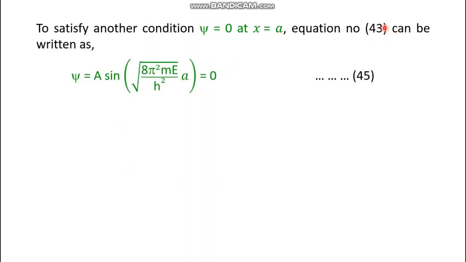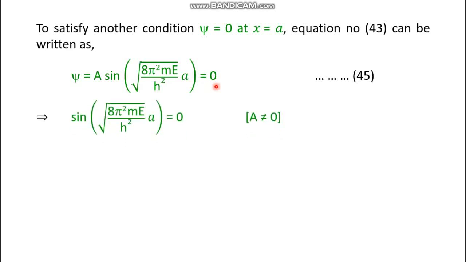Actually this is a typing error, this should be equation number 44. Equation number 44 can be written like this. Here in place of x you are putting a, and the overall value of psi becomes 0. This is the second boundary condition.